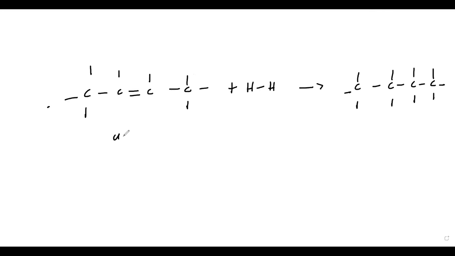That's the only way. Alkene plus hydrogen gives me alkane. It's an addition reaction. It's hydrogenation. That's basically what it is, right? Hydrogenation. All right. So that's it, Katie, on that one.